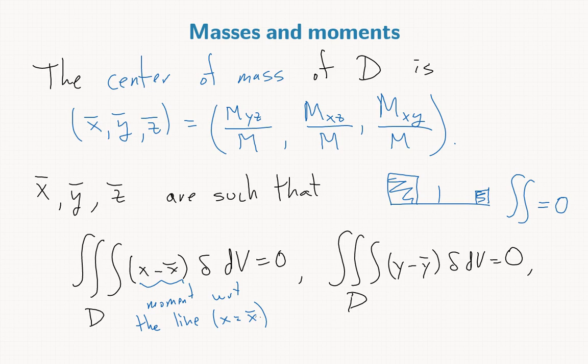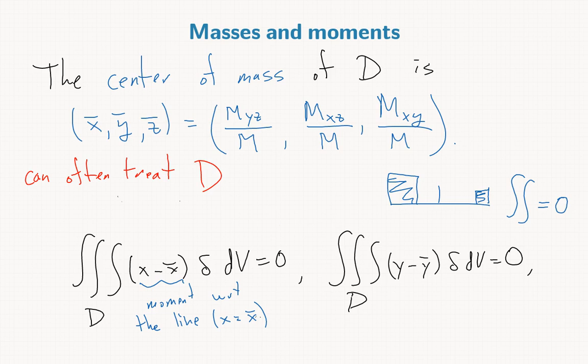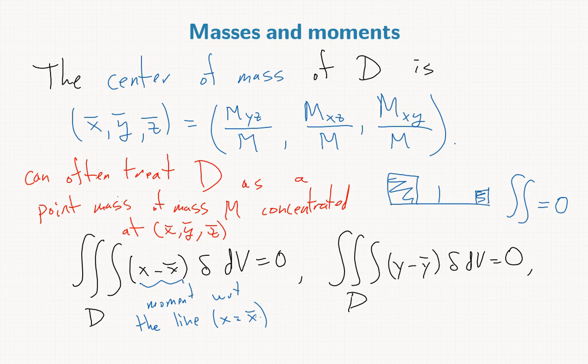And yes, in general, in physics and engineering, we can often treat D, which might be some weird, funny shaped region, as a point mass. So a single point of mass m concentrated at (x bar, y bar, z bar).